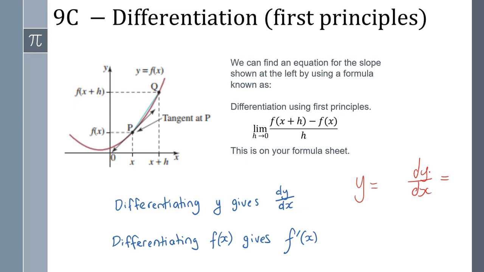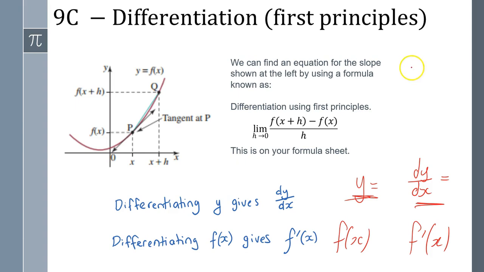So rise over run. So the slope is this. Okay, so if the question says y equals, your answer is going to equal dy over dx. If you see a question that gives you f of x, or g of x, or h of x, whatever, your answer is going to be f dash of x. Okay, so just keep in mind that notation.